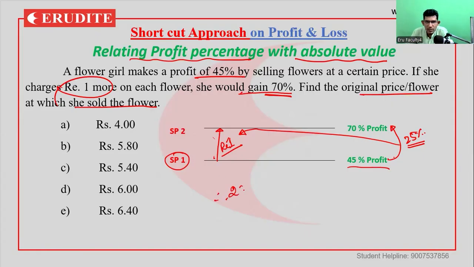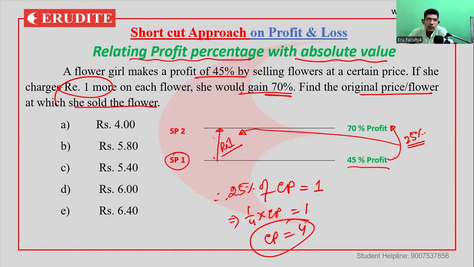So we can say simply that 25% of cost price is equal to rupee 1. Therefore, 1/4 of cost price is rupee 1, so my cost price is simply rupees 4. Now, what is my original selling price? The question says the original selling price is at the rate of 45%.